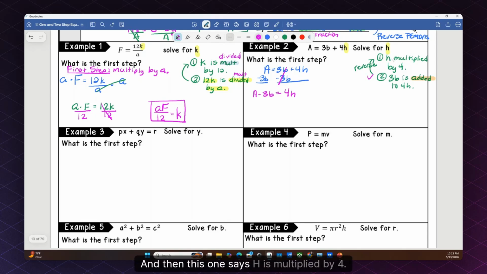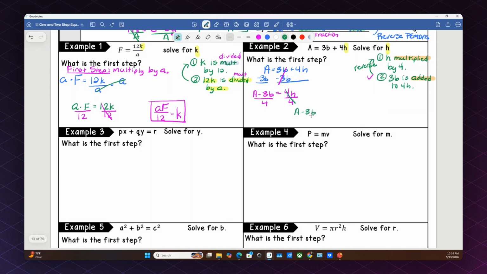And then this one, it says h is multiplied by 4. Well, we see 4 is touching h. So we're going to undo that multiplication and we're going to divide by 4. And so we get a minus 3b divided by 4 equals h.